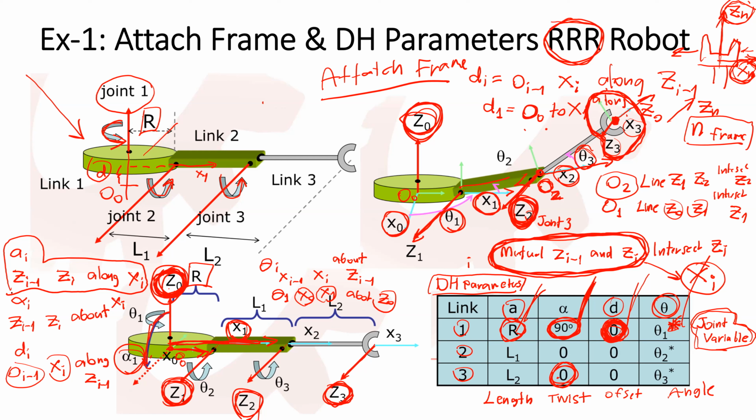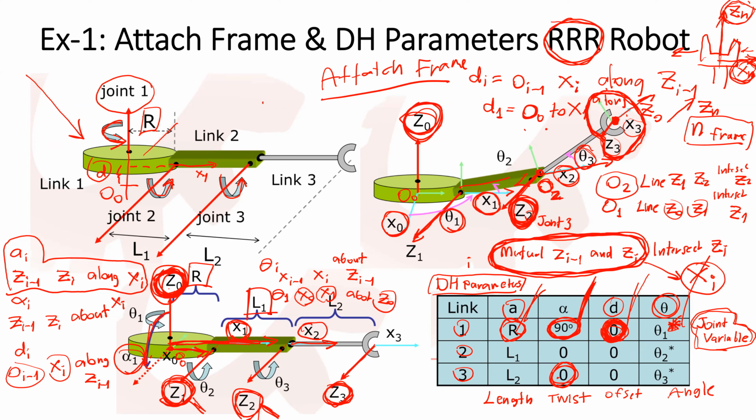So the link length of link 2 is the distance from Z1 to Z2 along x2, from C1 to C2 along the direction of x2. So the distance will be L1.